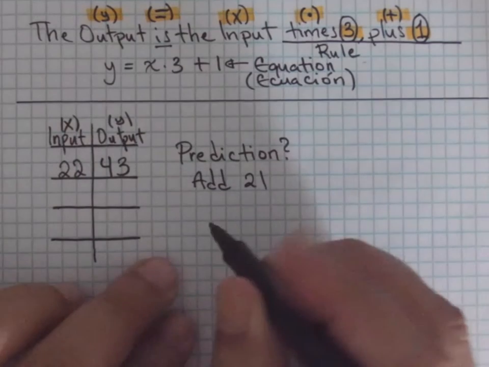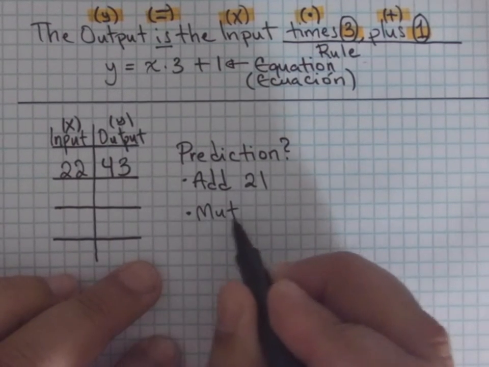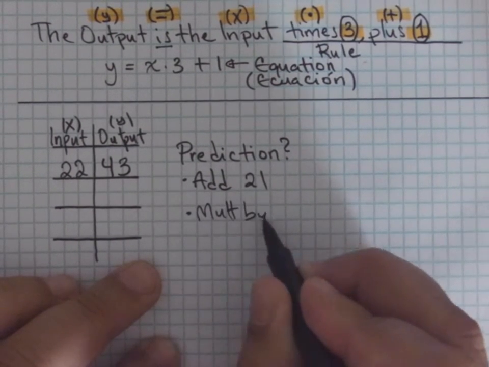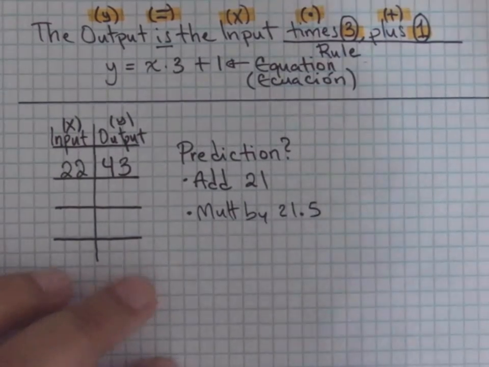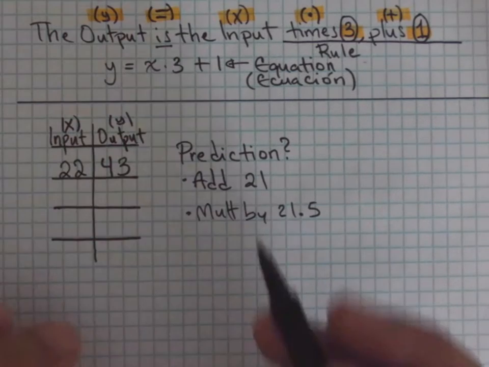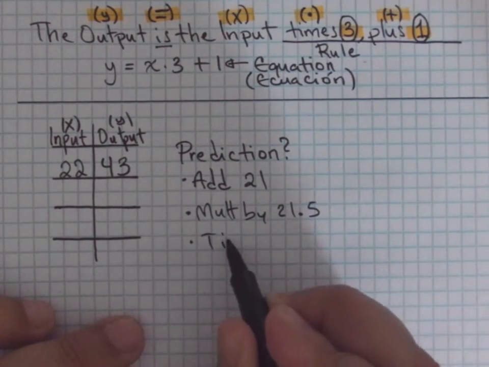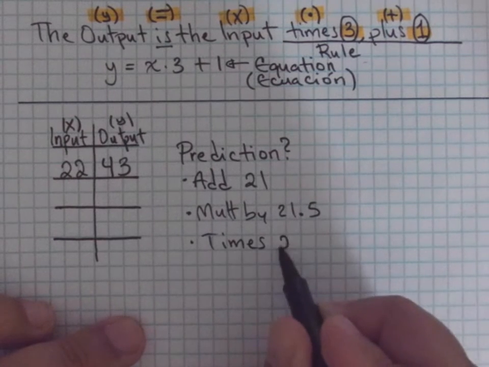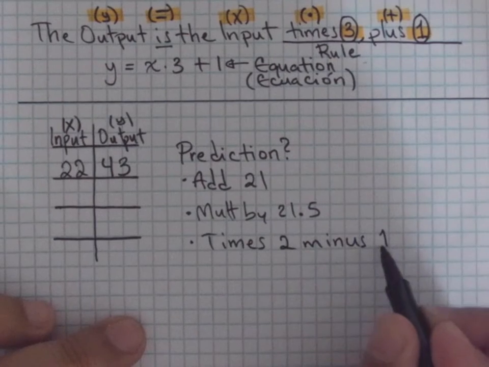I am being told multiply by 21.5. And I have two people with very similar ideas. And if I'm understanding correctly, they're going to tell me times 2 minus 1.